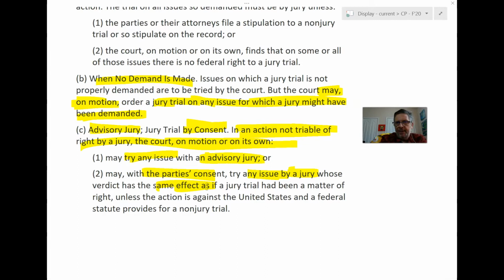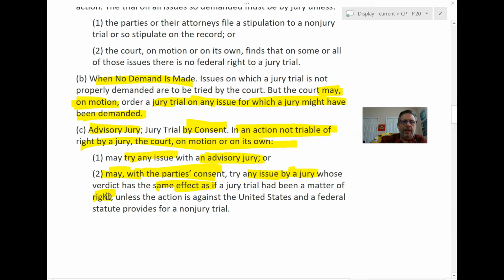So, for example, maybe the court gets a motion to have a jury decide whether or not to give an injunction, right? And the parties consent to have a jury decide whether or not an injunction should issue. Then the court may, after that motion, with the parties' consent, try the injunction by jury, because that's an issue being tried by a jury, and its verdict would have the same effect as if a jury trial had been a matter of right.